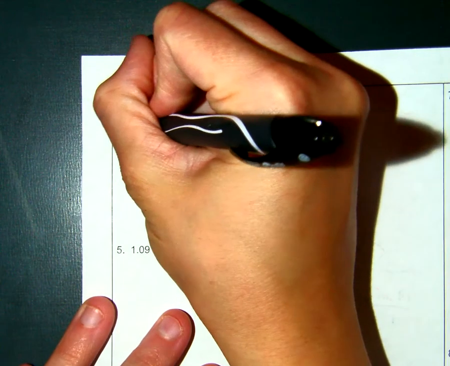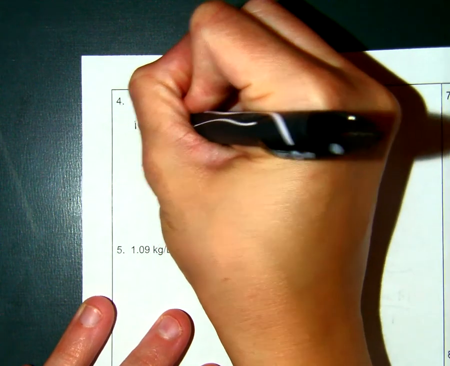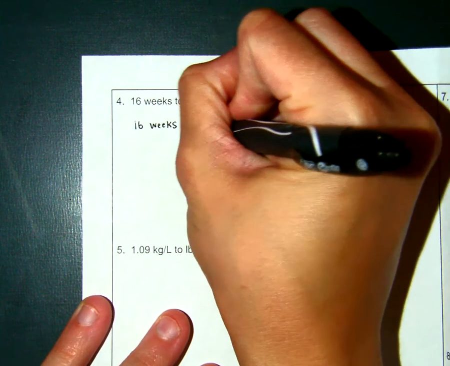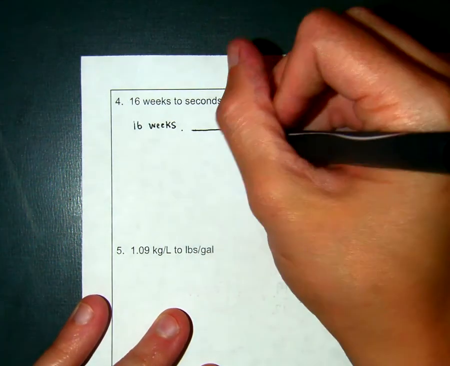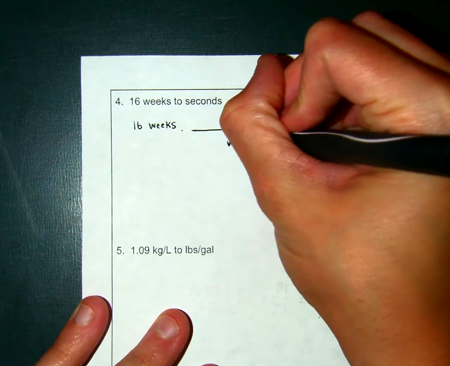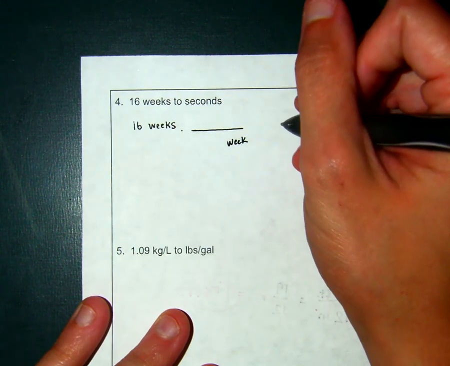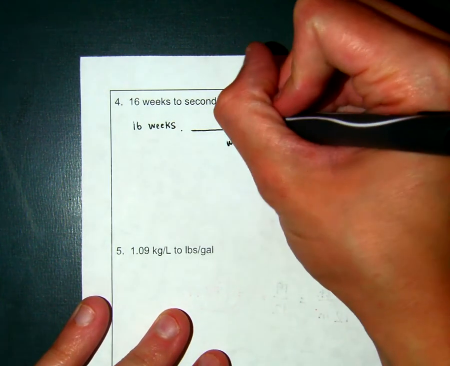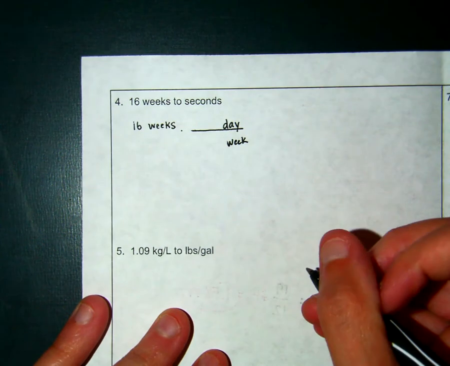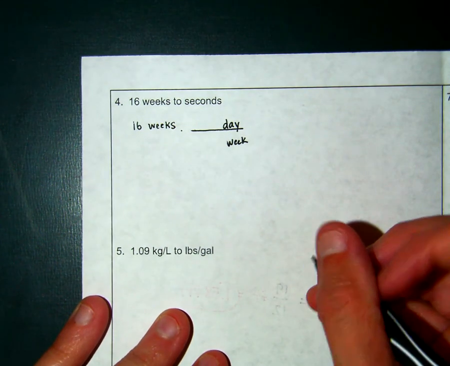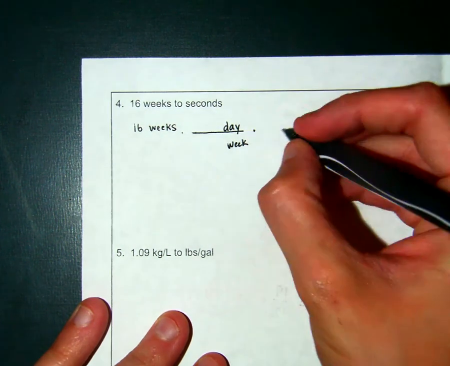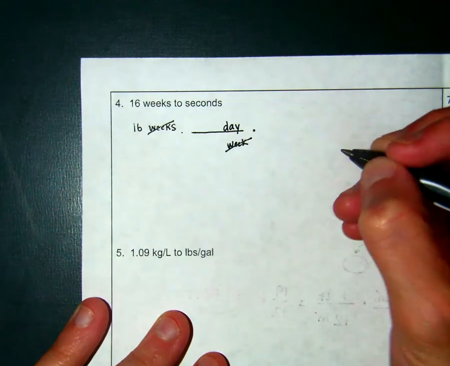Alright, let's try this. I've got 16 weeks. I need to go to seconds. I guarantee you don't know how many seconds are in a week. So we have to put weeks here. But what are we going to go to? I know how many days are in a week, but I'm not to seconds yet.